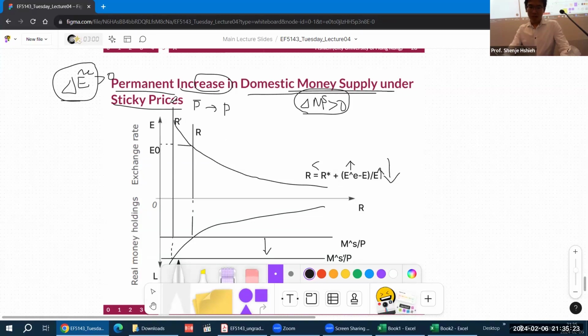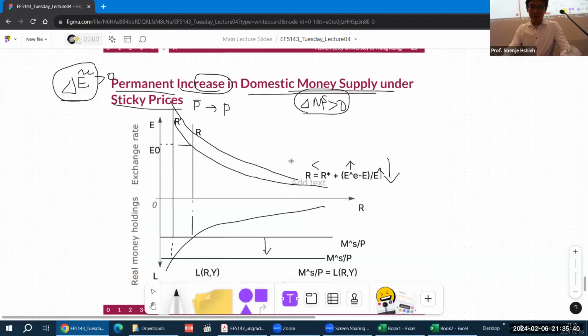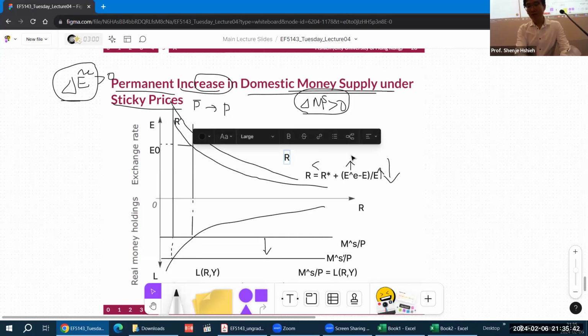So we must have an upward shift in the UIP curve today, right? Because expectations are beliefs, and therefore our beliefs must be incorporated in the markets immediately. And the UIP curve therefore must be shifted upwards. So this is R equals R star plus E hat E prime minus E over E.